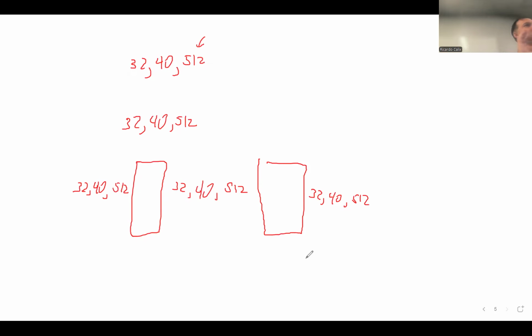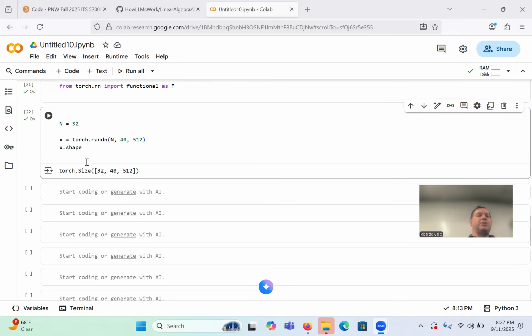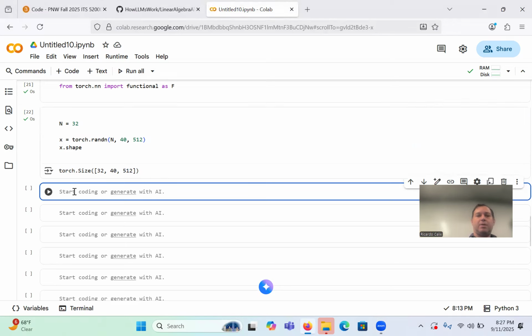I have 32 sentences of length 40, and each word is actually a vector of 512. Okay? So I want to compare these words with each other with the attention layer. So I'm going to go back to here. All right, so now you guys know this is the data.